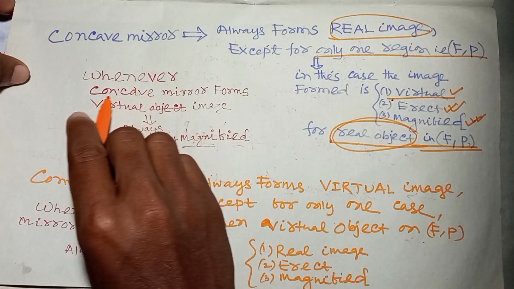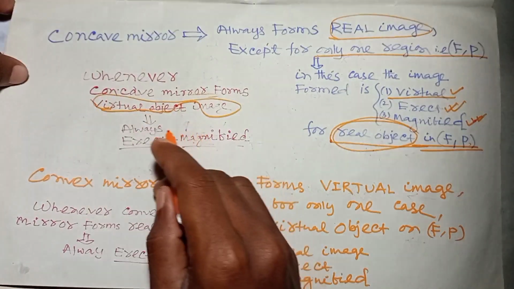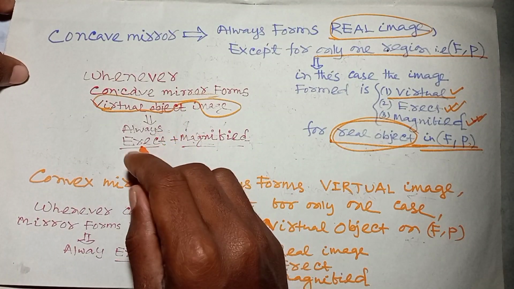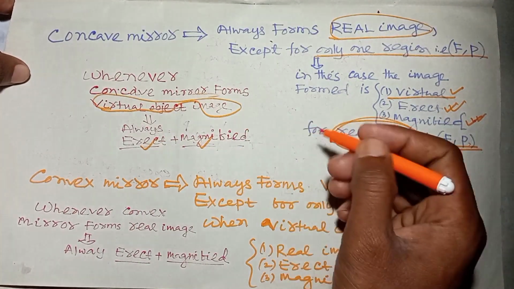So whenever a concave mirror forms a virtual image, that virtual image is always erect and magnified. This is a very important point.